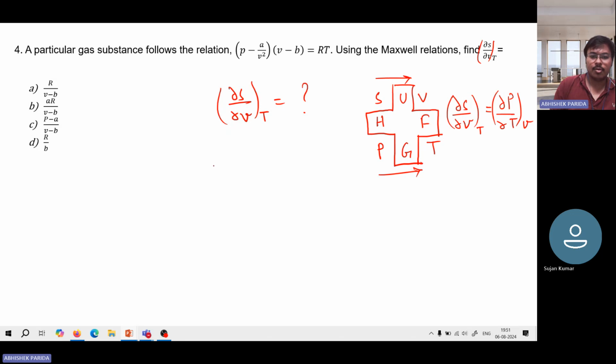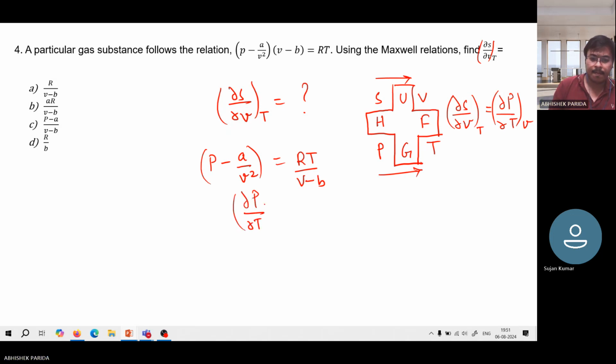So from here, you have to calculate: P plus A by V square is equal to RT by V minus B. So V is constant, treat that as constant. So dou P by dou T at constant volume is equal to R by V minus B. So that is the answer.